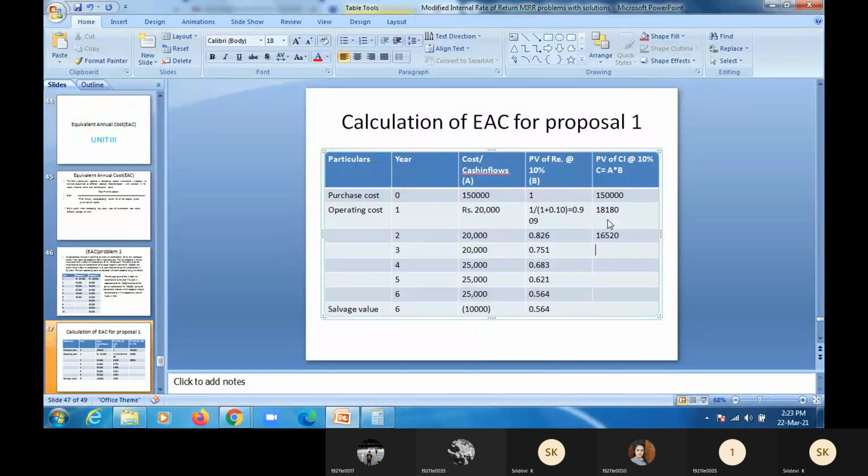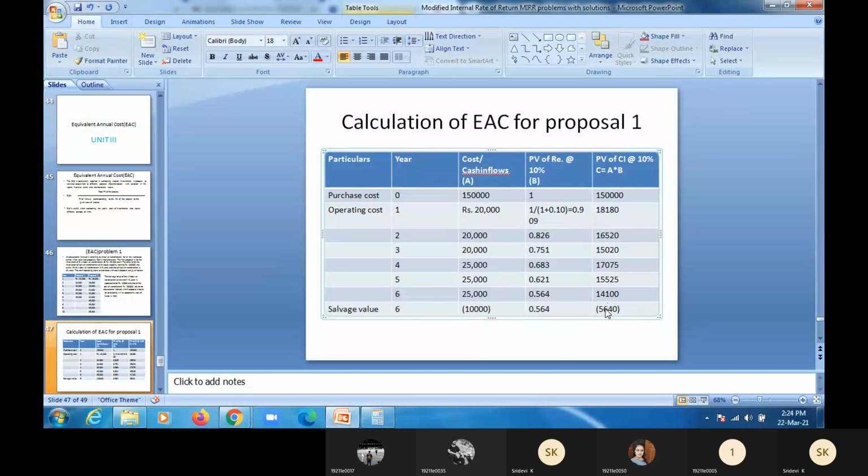Third year, 20,000 into 0.751, the result is 15,020. In the same manner you repeat for the remaining years: fourth year 17,075, fifth year 15,525, sixth year 14,100, and for salvage value you will get 5,640.